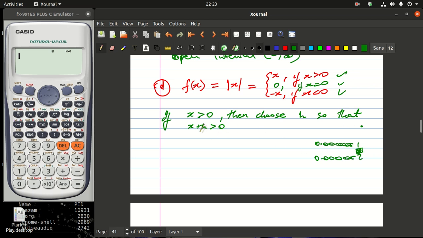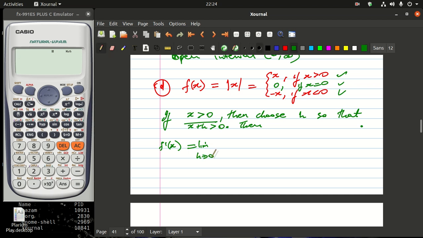So this one is always guaranteed. So we choose our h so that we still are operating in this same interval here, such that this happens. Then f prime of x under this condition is equal to the limit as x not x.